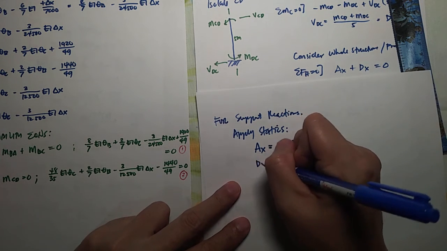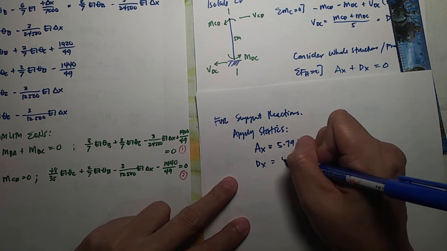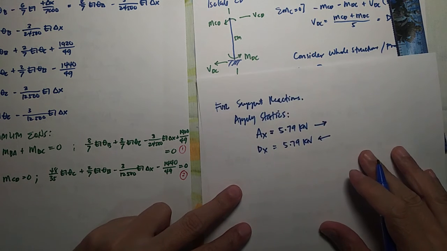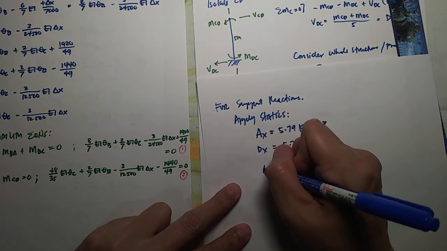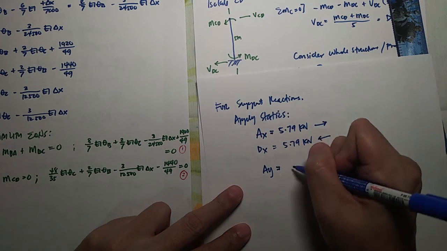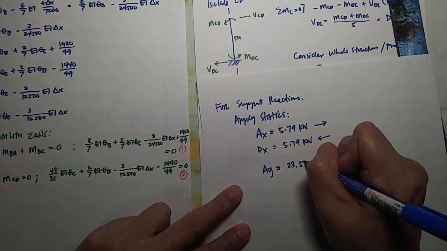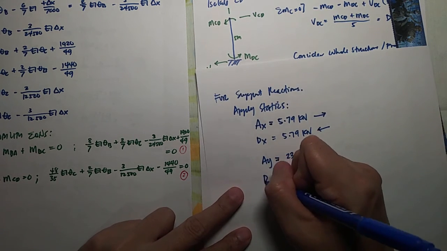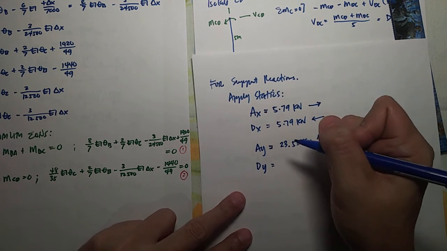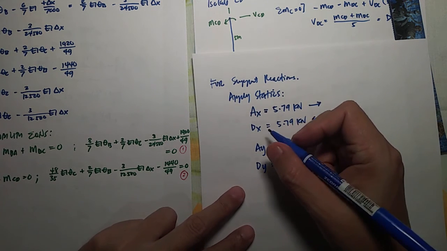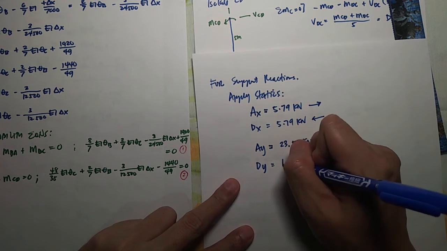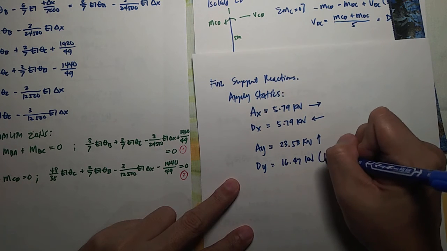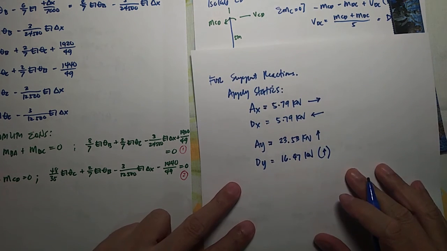And of course, yung DX naman would be the opposite. 5.79 din to the left naman. Then for the vertical reactions naman, for AY, this would give us 23.53 kilonewtons, and that is upward. Then for support at D, the vertical component would be 16.47, and this is directed also upward.